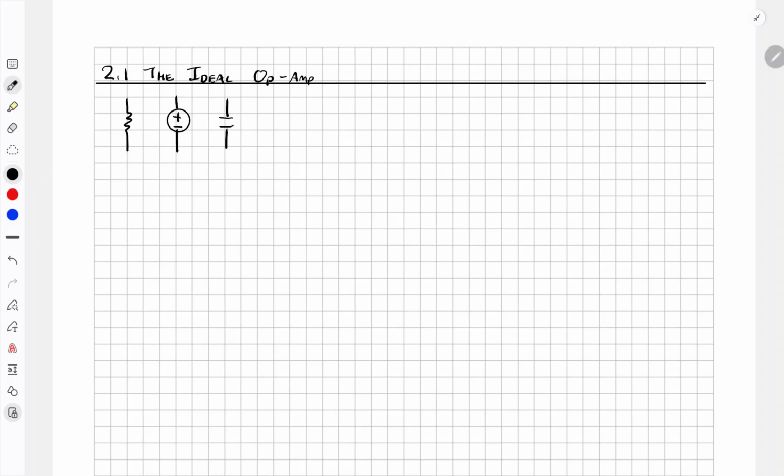These are all the circuit devices that we've learned in the past, and these are passive devices. But we also learned about different kinds of active circuit devices. Today we will introduce a new kind of device called the operational amplifier.